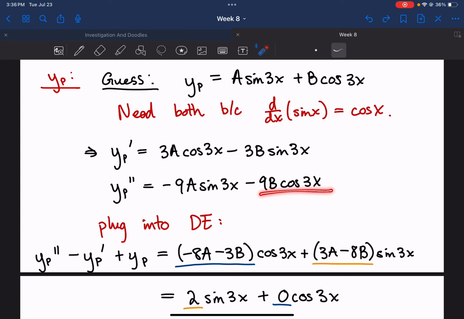I think I've got my sines and cosines flipped here. I'm looking at the cosine term. Negative 9b minus 3a plus b. That should be negative 8b minus 3a. I see. Negative 8b minus 3a. Whoops.